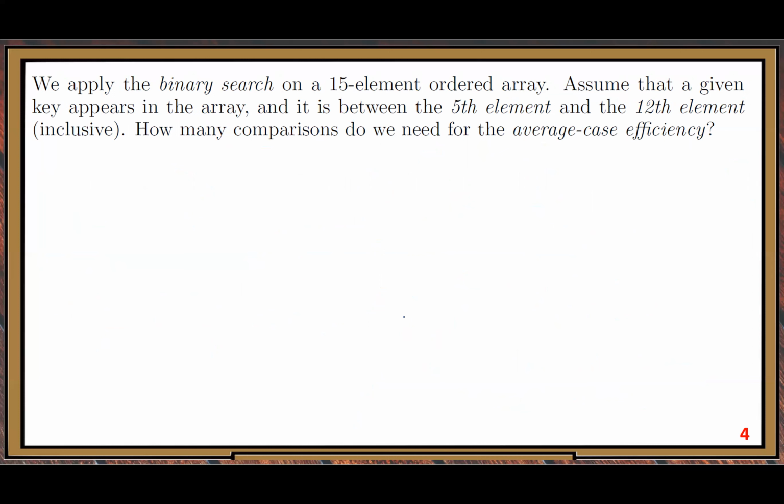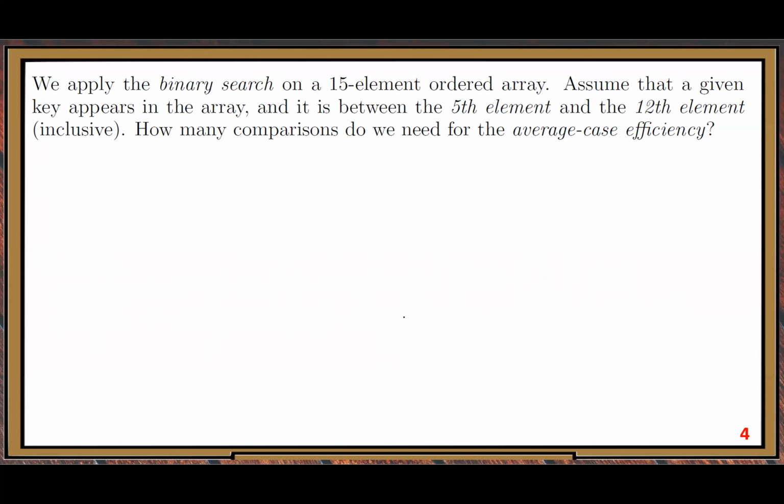is designed to check our understanding on average case efficiency. Here, another binary search example, but this one, we put a restriction. Let me read the statement first, then we do some analysis. We apply the binary search on a 15-element array.